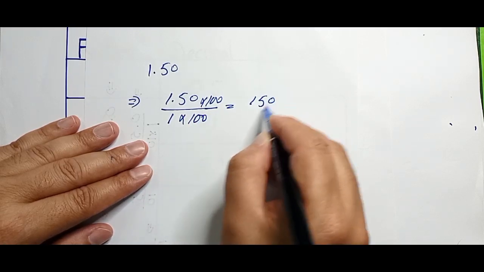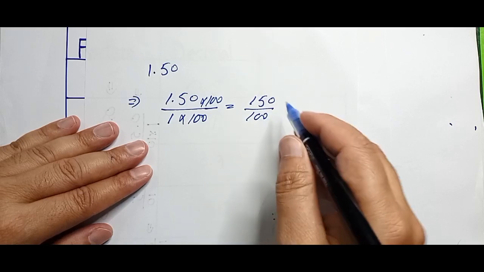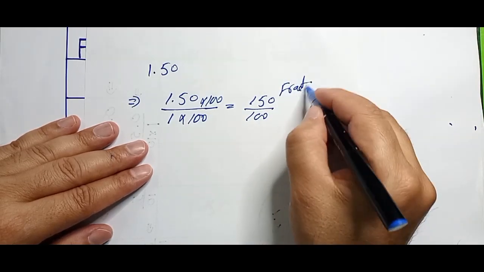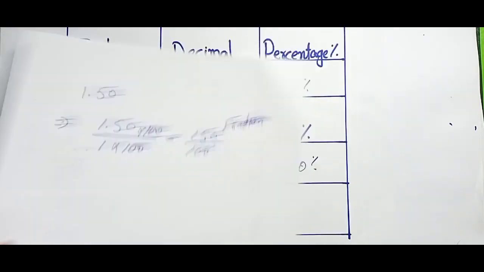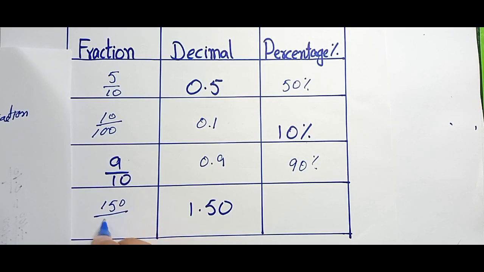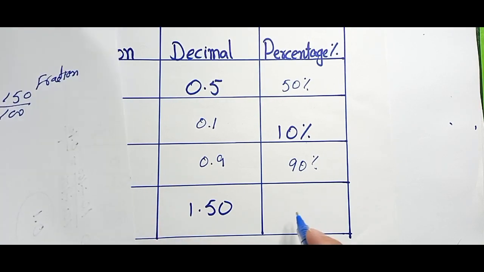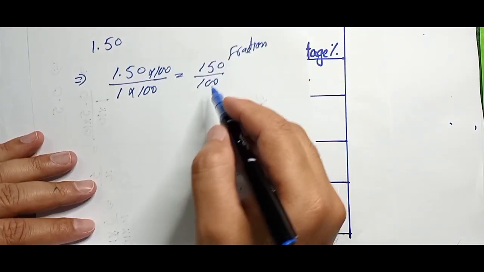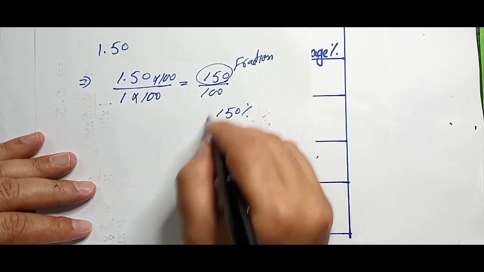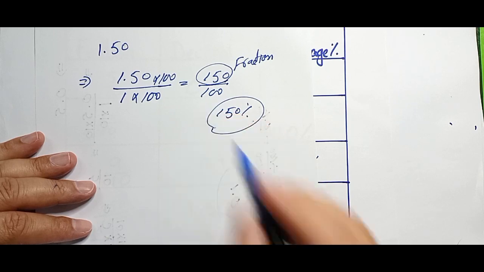So it will become 150 over 100. Now this is also a fraction. So I will write it as a fraction 150 over 100, and as a percentage you have 150% because the denominator is 100.